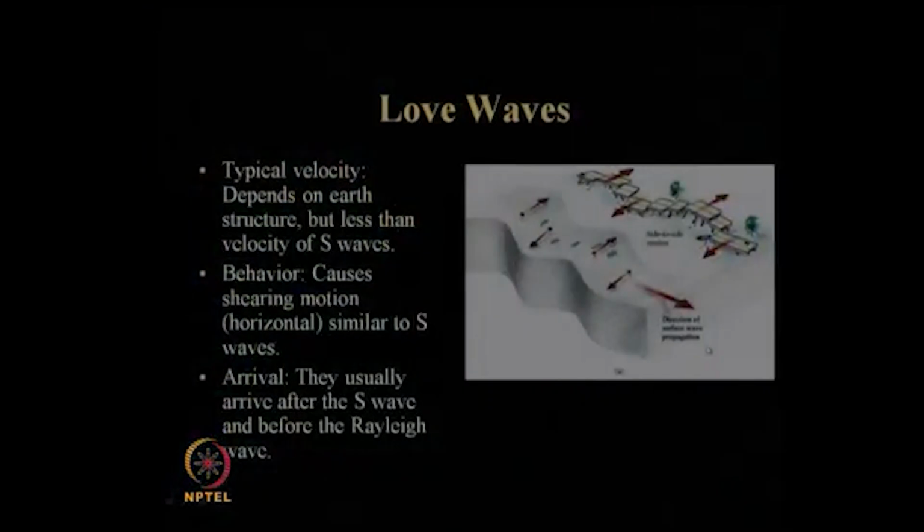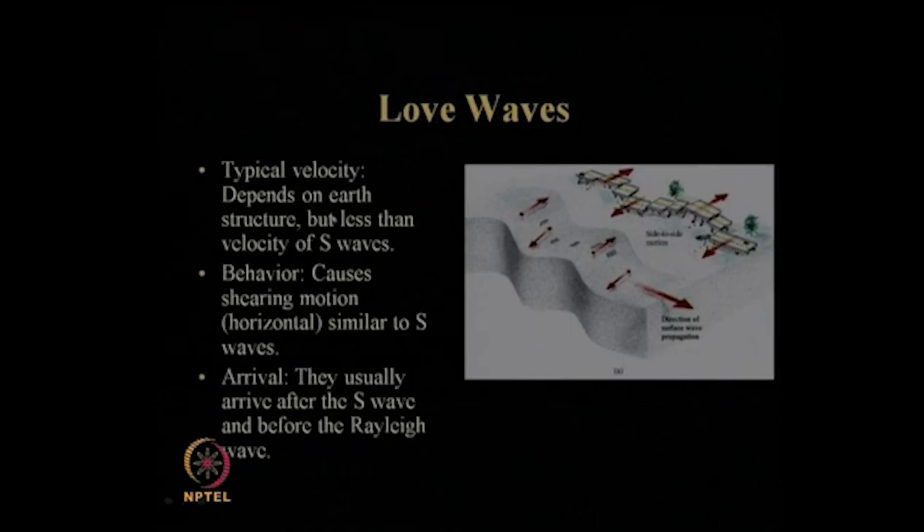So, let us now look at the characteristics of Love waves. We have seen the behavior of the particles when the surface wave or Love wave propagates through a medium. Its typical velocity depends on the earth structure, but it will always be less than the velocity of the S wave and more than that of the Rayleigh wave.